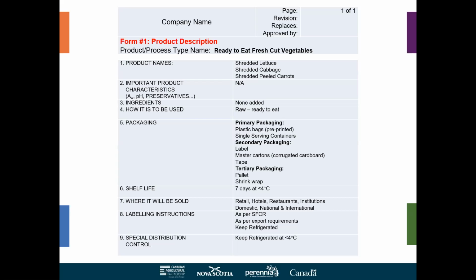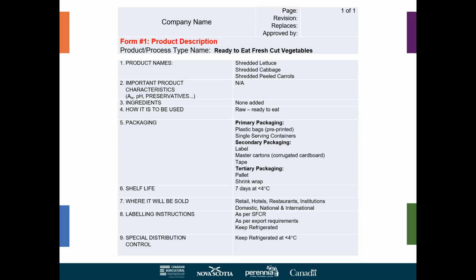So input materials may be that you're washing it with water, but that's not an ingredient, but it is an input that you have to consider, because that water, if it is not potable and it is not controlled, may introduce a hazard to your product. So we're going to identify that on the next page, which is the input and product ingredients. So then how is it to be used? Well, in this case, it's going to be eaten raw, so it's ready to eat.